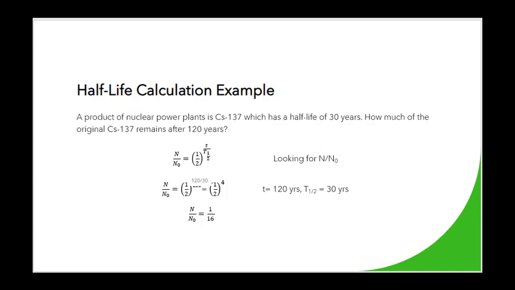And so when you plug everything in, you have 1/2 to the 4th power. And if you do the work for that, you end up with 1 over 16. And you might need to use the decimals on the homework for this kind of a problem. Remember that you're putting the numerator and the denominator to the 4th power, each one. So just a quick example to walk you through it.